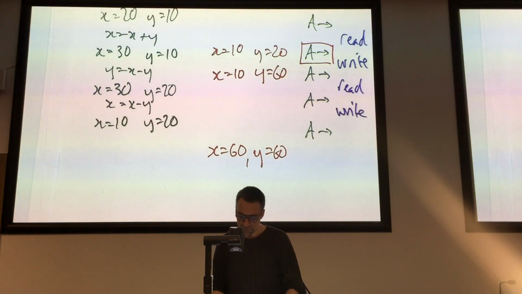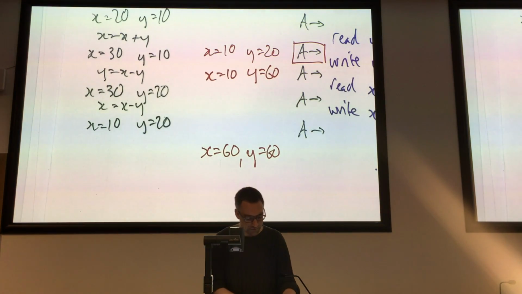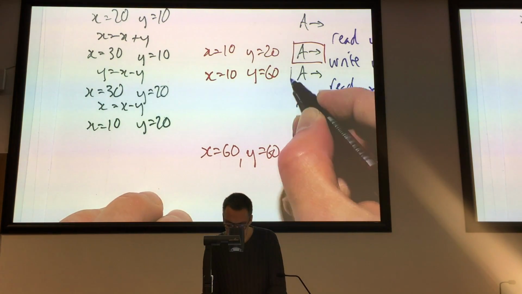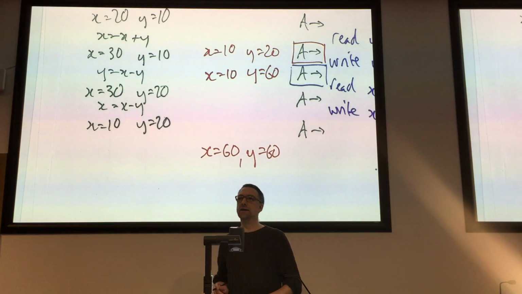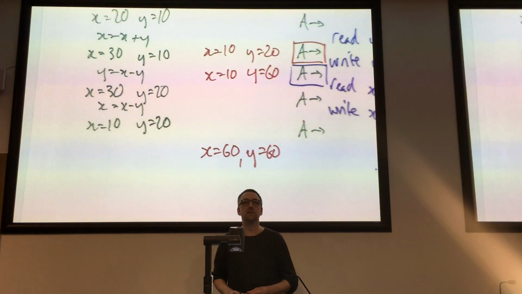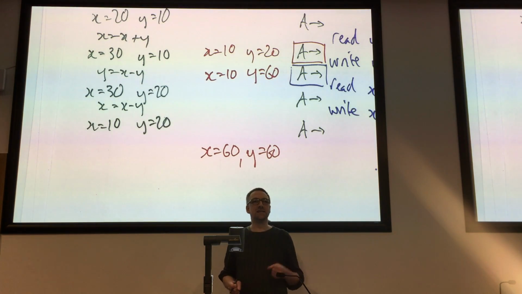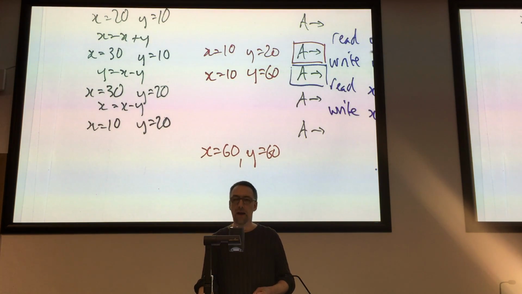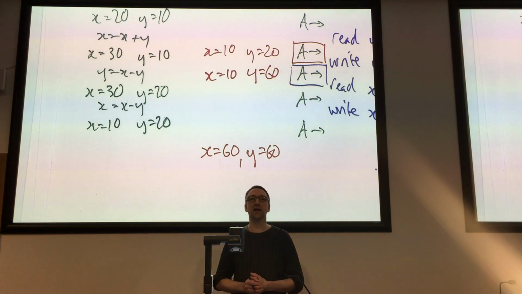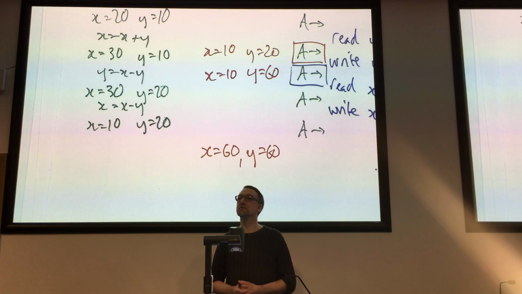Okay. What happens if A happens right in the middle? Okay? So we start off with 20 and 10, and then B does its read and write on y. We now have 20 and 60. Everybody cool with that?